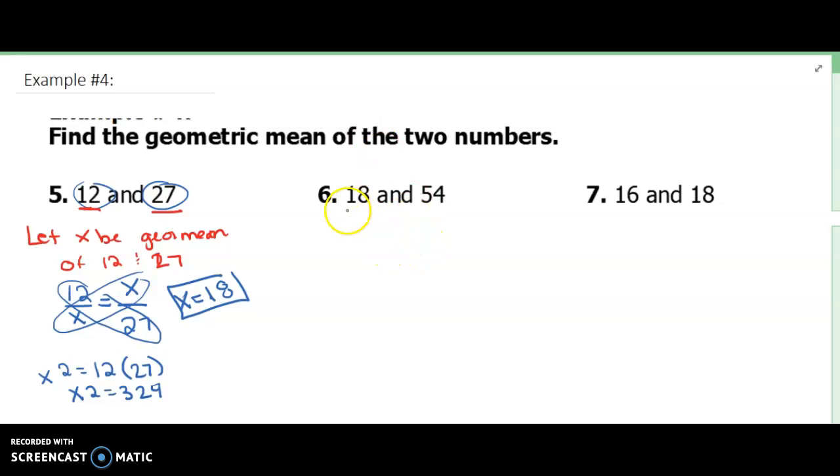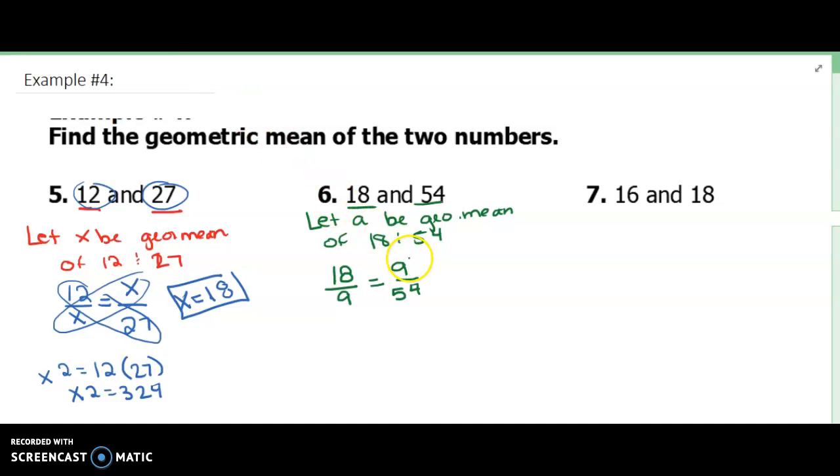All right. So let's do number 6 as well. So let, I don't know, A be the geometric mean of 18 and 54. So 18 over A equals A over 54.